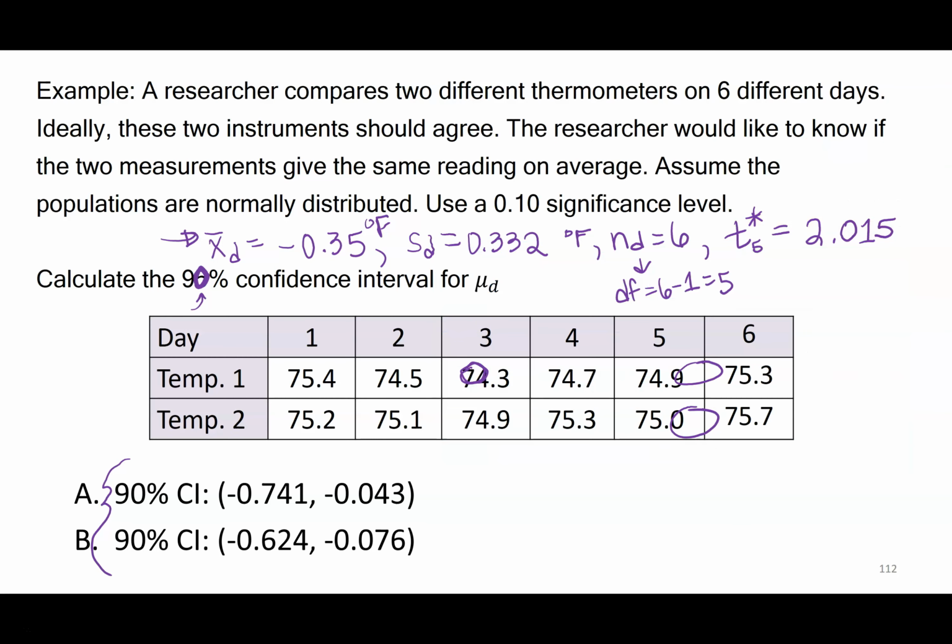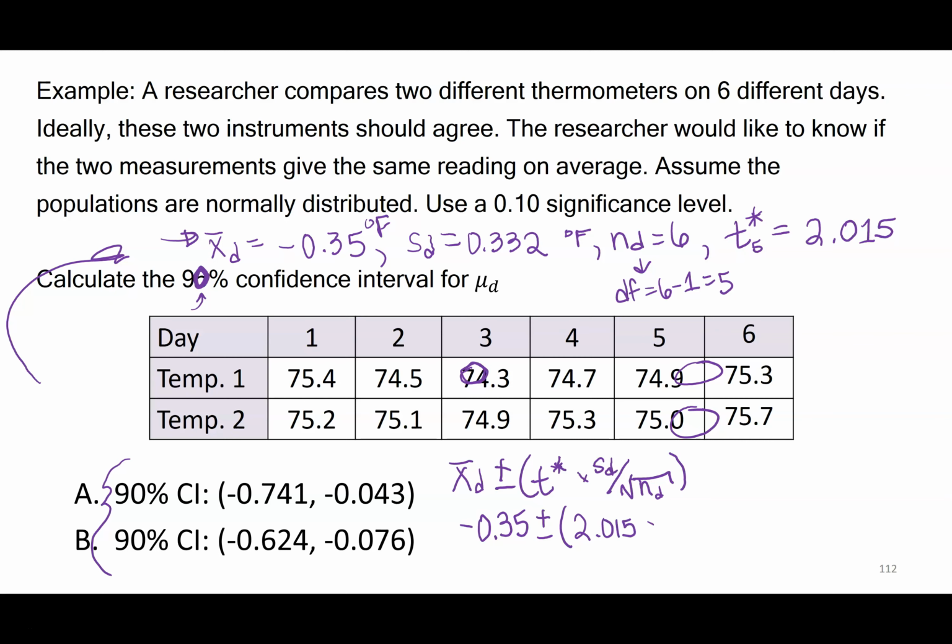Plugging in, x bar d plus or minus T star times s d divided by the square root of n d. This is all a matched pair scenario. I now have all the numbers to plug in. So that's negative 0.35 plus or minus 2.015 times 0.332.